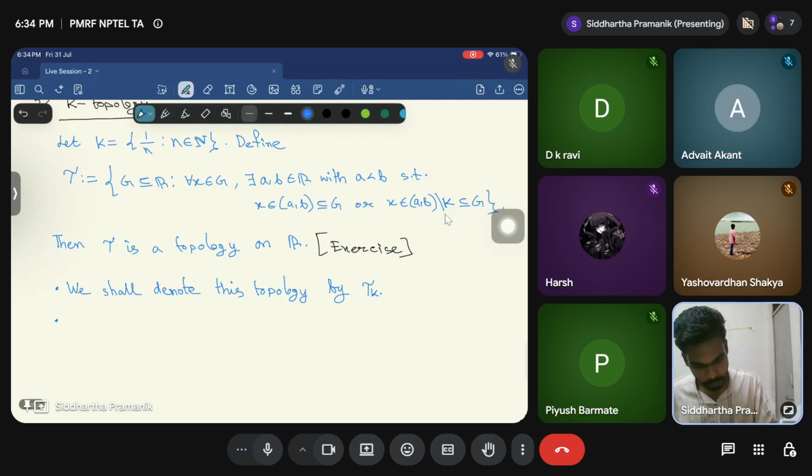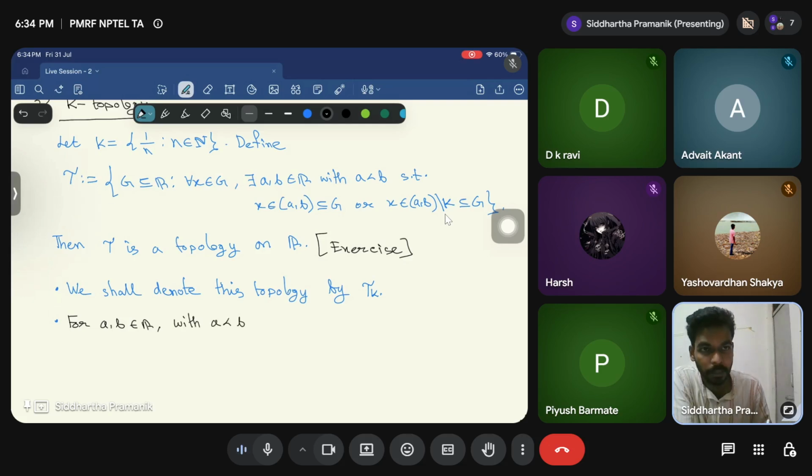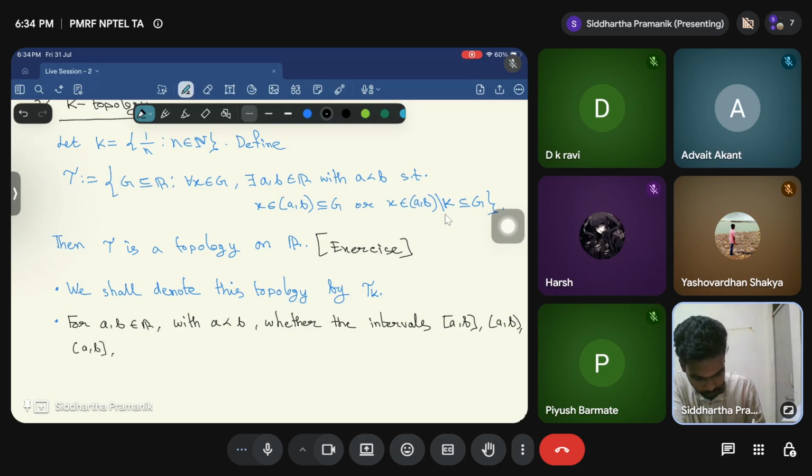So the first question is, for a, b belonging to R, with let's say a less than b, whether the intervals, let's say closed interval [a, b], open interval (a, b), and the semi-open intervals, belong to tau k.